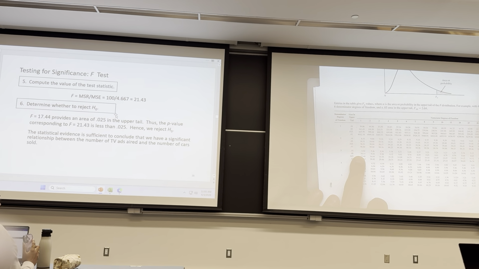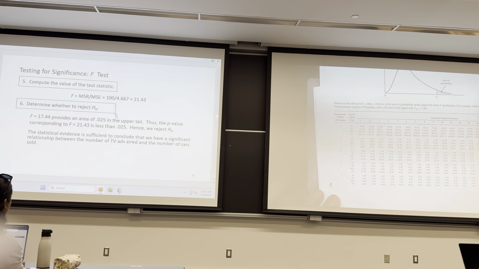So 5.54, 10.13, 17.44, 34.12. Above 34.12, you have 1% area. Above 17.44, you have 2.5% area. So I can say that above 21.43, you have less than 2.5% area.